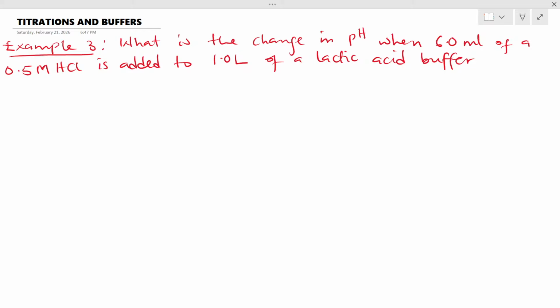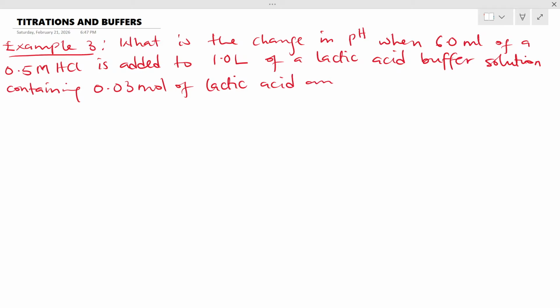The lactic acid buffer solution containing 0.03 moles of lactic acid and 0.05 moles of lactate.